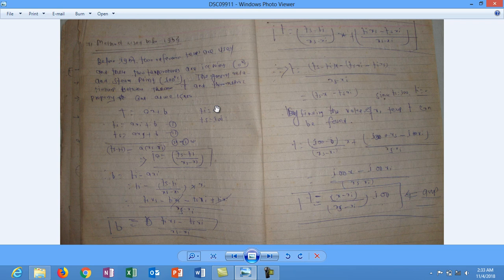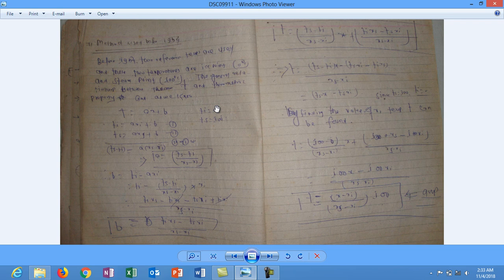The temperature is a function of a linear variable. As we have seen in a domestic thermometer, it is clearly seen that the length of the Hg column decides the temperature. As temperature increases, the length of the Hg column increases. So this length of the Hg column decides the temperature.